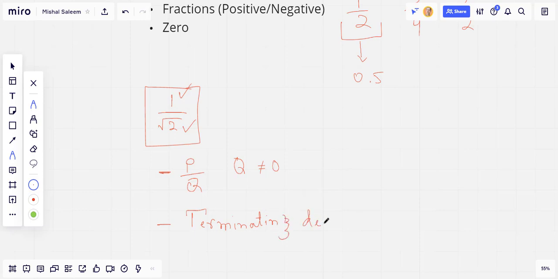Now, what does terminating decimals mean? Well, just like I gave you the example above, 1/2 equals 0.5.